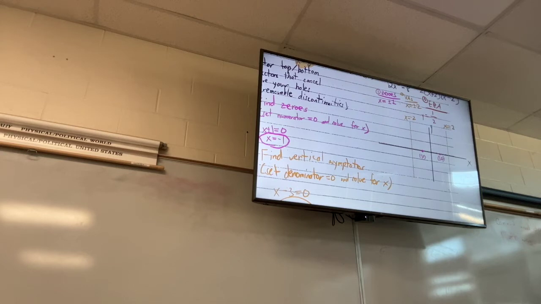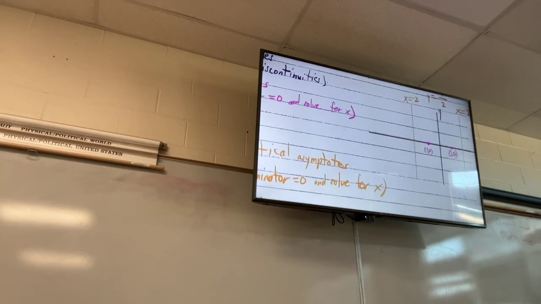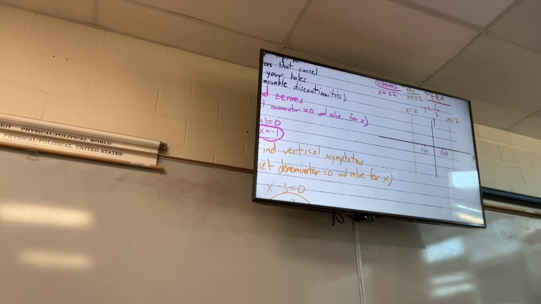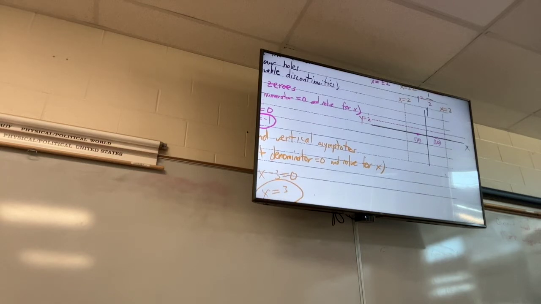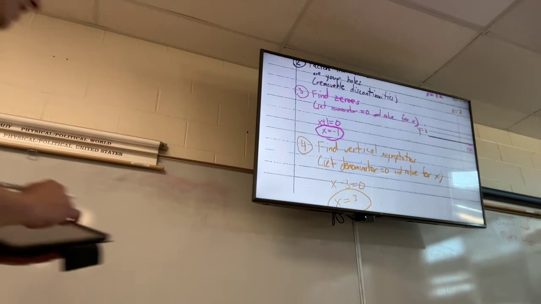Cool. Let's plot my EVA. Okay, y equals 1/2. There we go. Sweet.